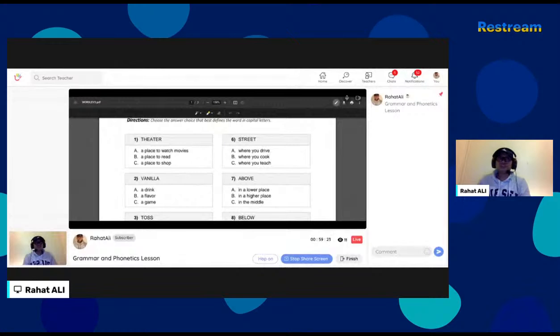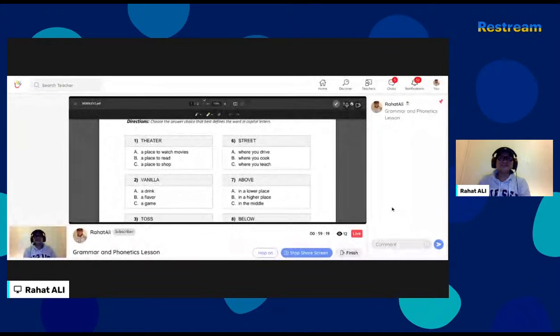It could be a positive sentence, a negative sentence, an interrogative or question sentence, or a negative interrogative both together, or it could be continuous: present continuous, past continuous or future continuous.